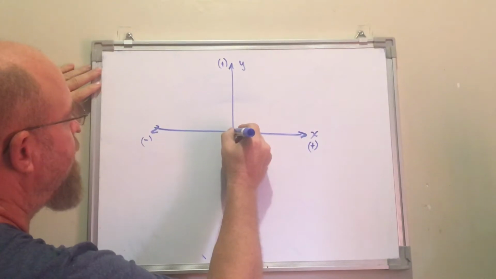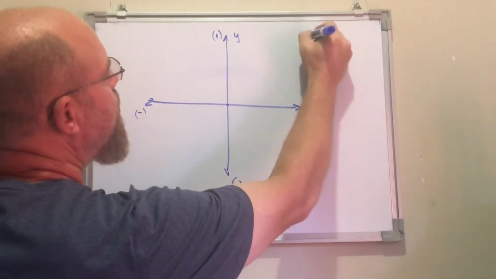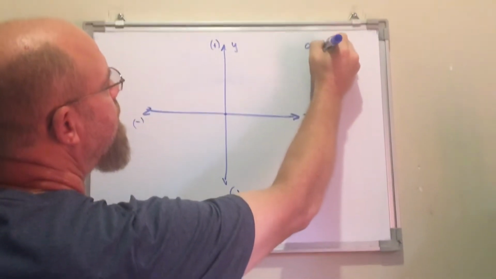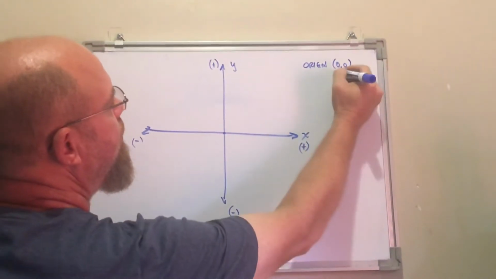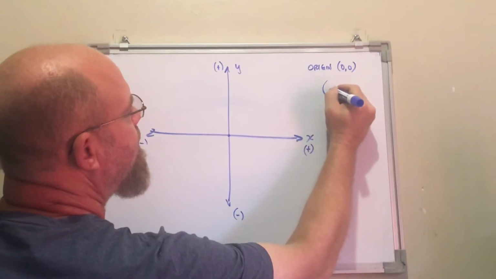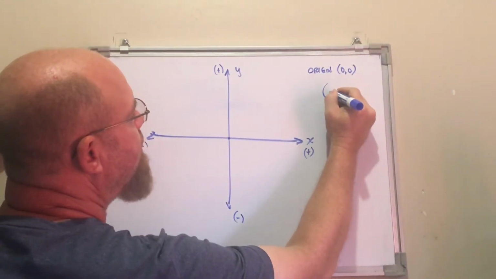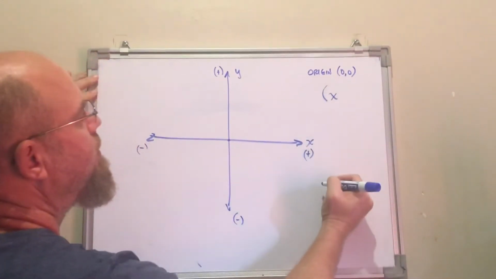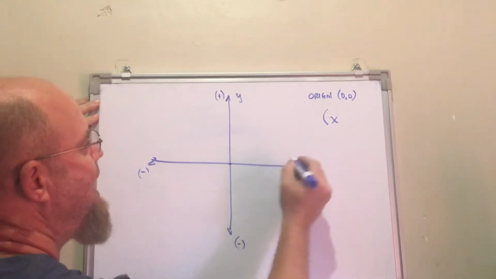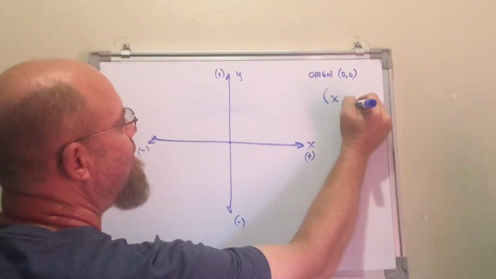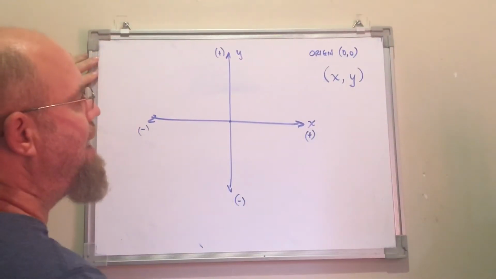And the middle point, which is called the origin, is point (0, 0), where in any point, the first value is the x-axis and the second value is the y-axis.